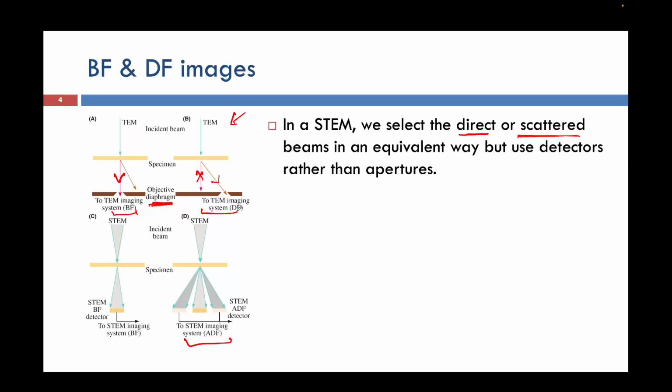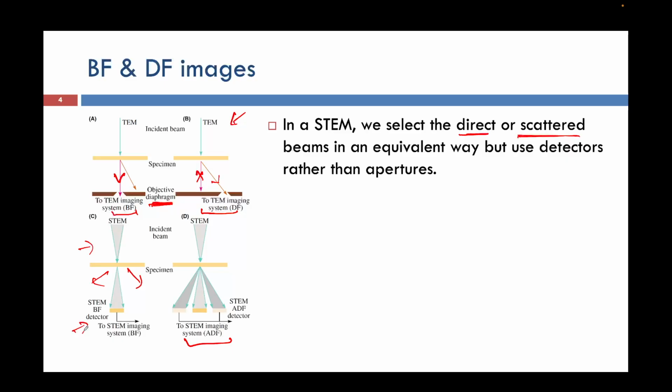So let's say this is the first case in the STEM, case number C. If we want to collect all the bright field electrons which have interacted with our sample, and block all the diffracted electrons, then we put a bright field detector here.